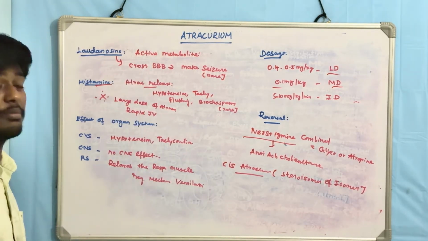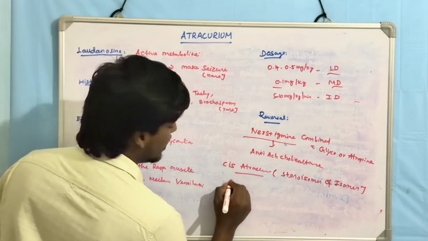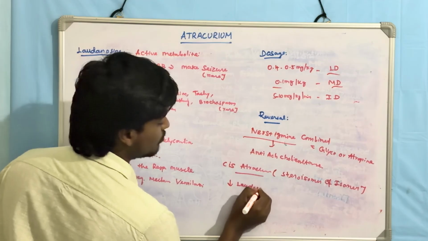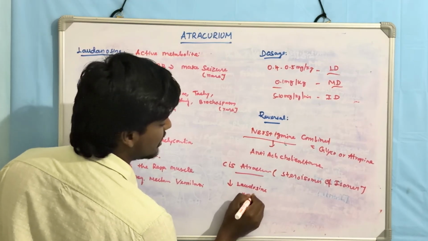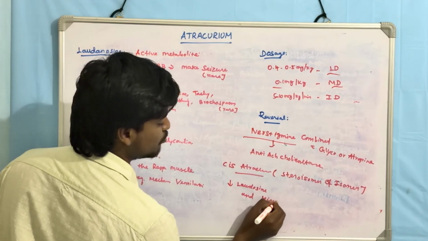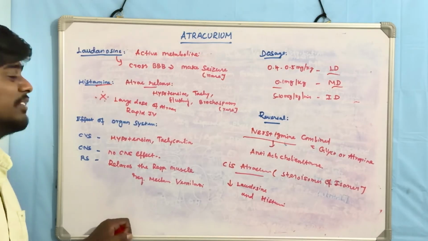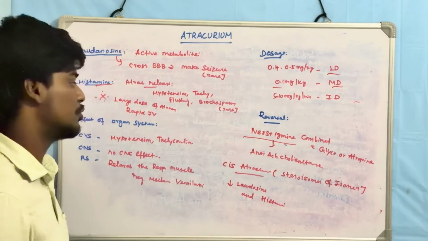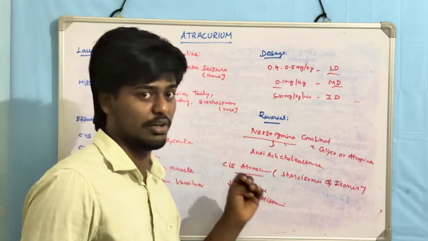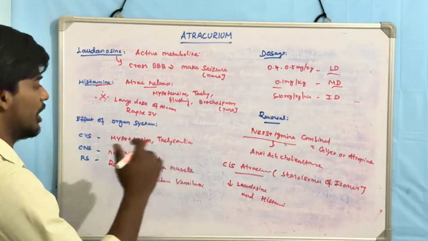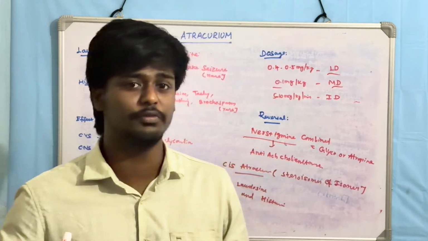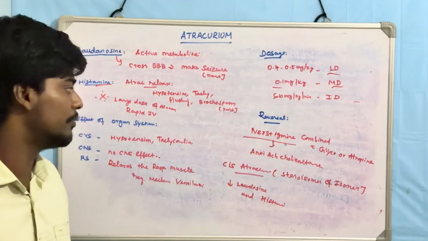Compared to Atracurium, cisatracurium produces less laudanosine and less histamine release. So it is comparatively safer to use than Atracurium. It's a good brother of Atracurium.